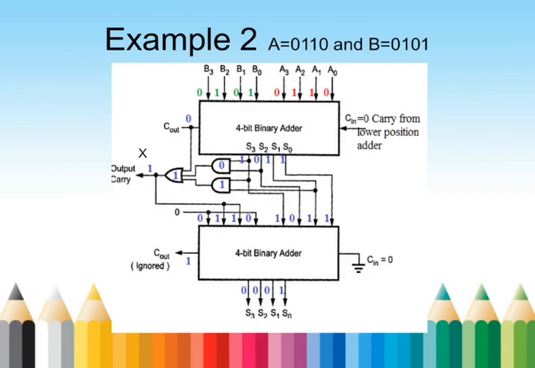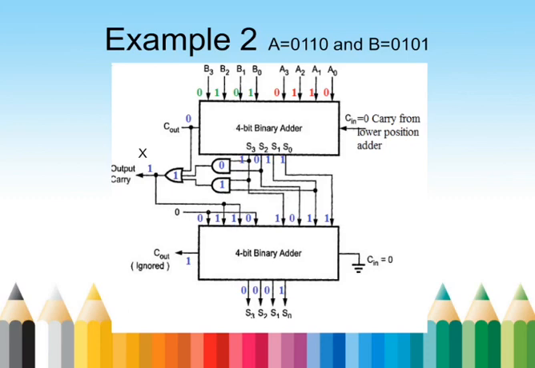A is represented in red color and B in green color. The outputs are represented in the same blue color. When we add A and B bit by bit, the sum output is 1011, expressed as S3, S2, S1 and S0. Similarly, the output carry Cout is 0.